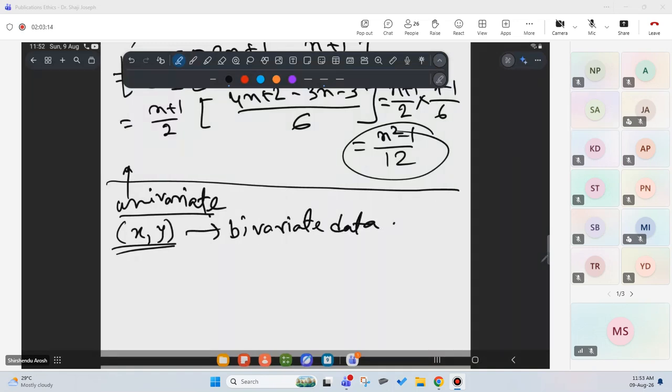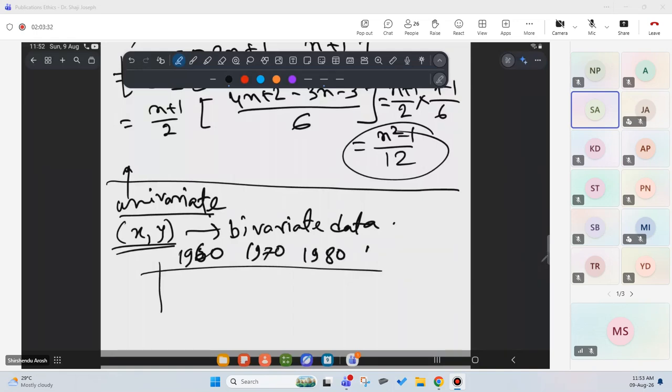What is the meaning of this bivariate data? So suppose for a few years, say 1960, 1970, 1980, 1990, some years, you got say cotton input and cloth export.